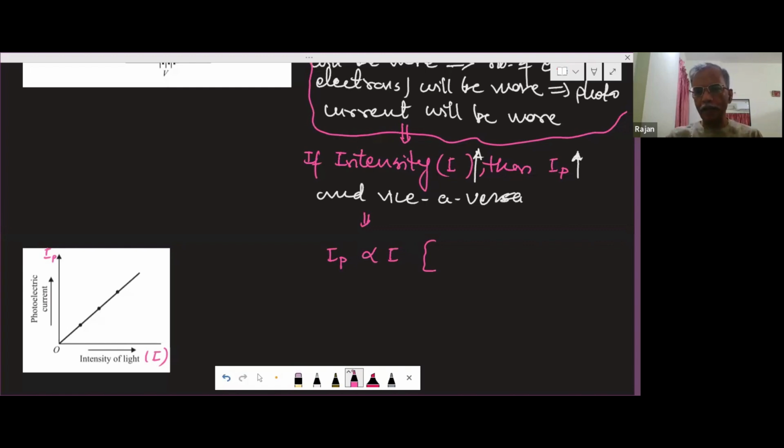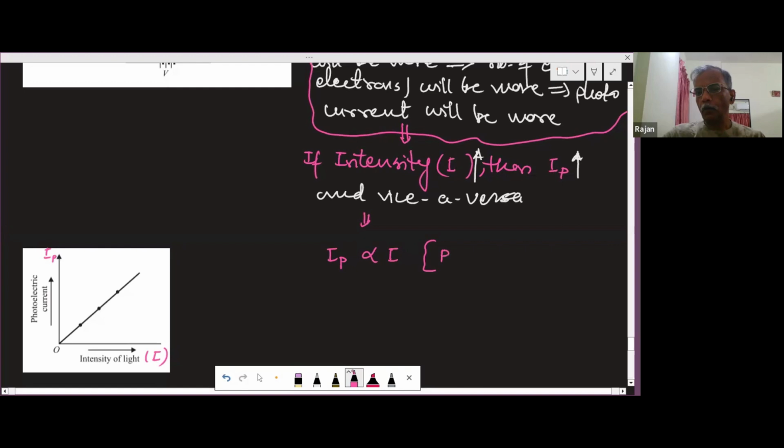So when I have written IP is directly proportional to I, meaning photocurrent is directly proportional to intensity, it will happen provided you find that the frequency is above the threshold frequency.